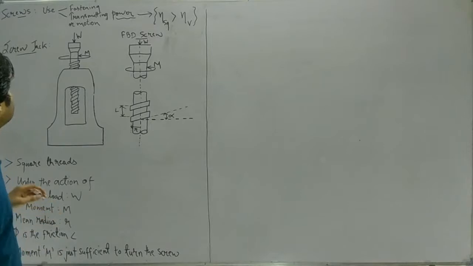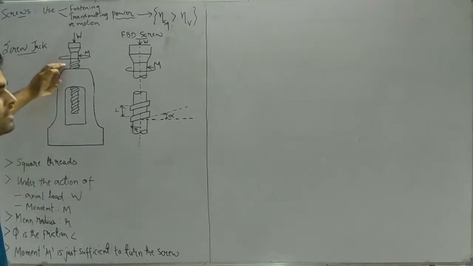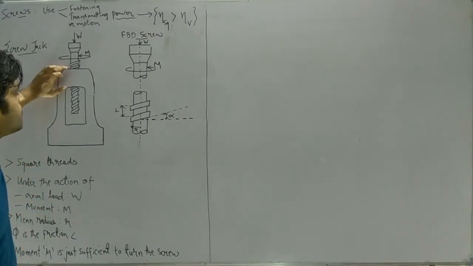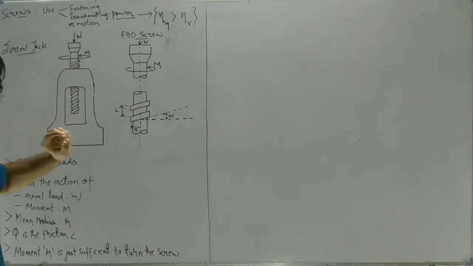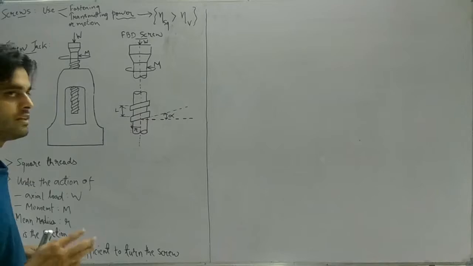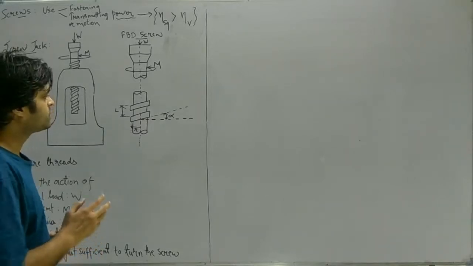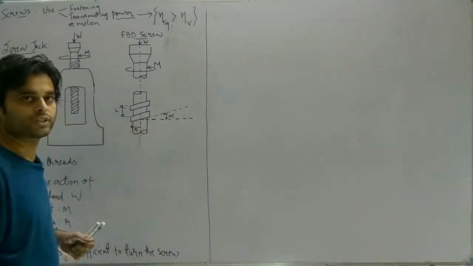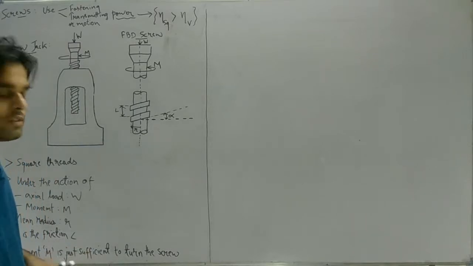Now we see that there is some part of the threads of the screw which is in contact with the threads of the frame of the screw jack. From this part also I have taken a small portion and I have represented here. Now I will mark what is the reaction on the small portion by the frame of the screw.